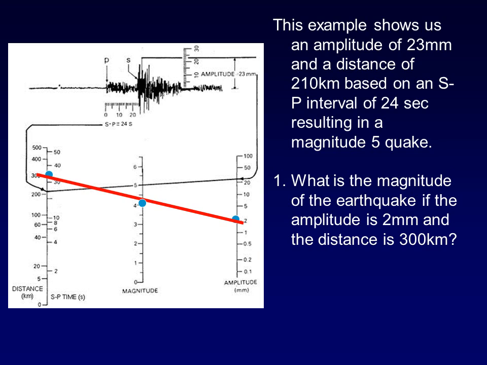So our magnitude is right around 4. We had a magnitude 4 earthquake if our amplitude is 2 millimeters and the distance is 300 kilometers. So you should be able to do this type of problem to figure out the magnitude, and the previous one to figure out the maximum amplitude.